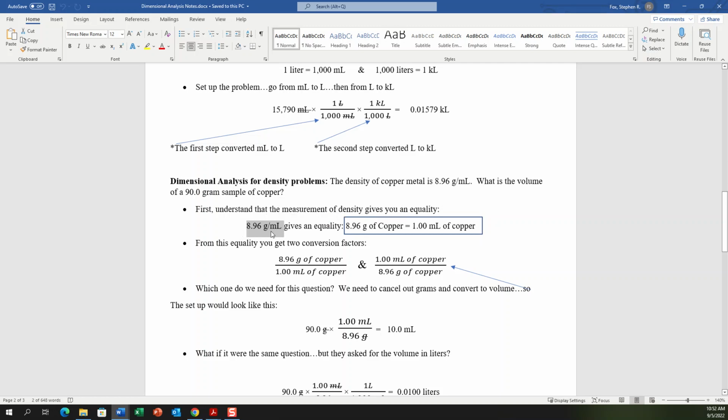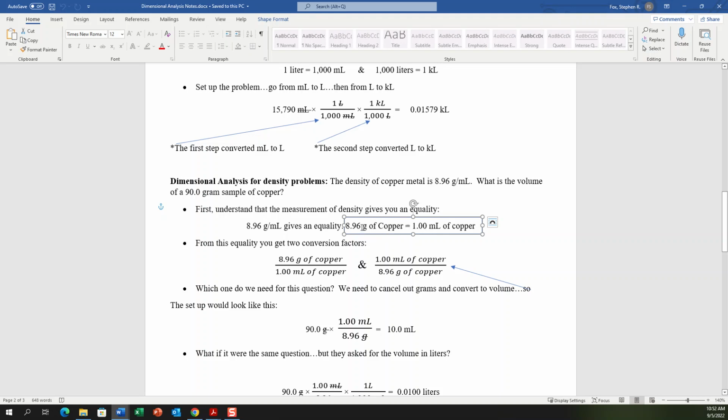So the way to interpret this is 8.96 of these units equals 1 of these units. So 8.96 grams of copper equals 1 milliliter of copper. And notice that I said 1.00 milliliters of copper because I'm maintaining the significant figures. The density 8.96 has 3 sig digs, so the equality I can make with that measurement has 3 sig digs for each of those measurements.